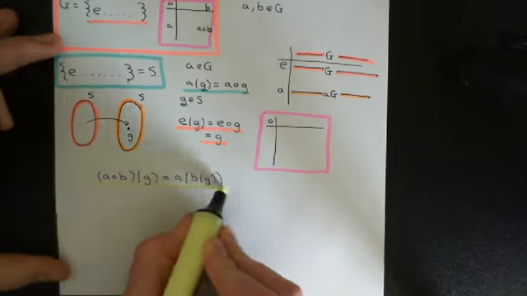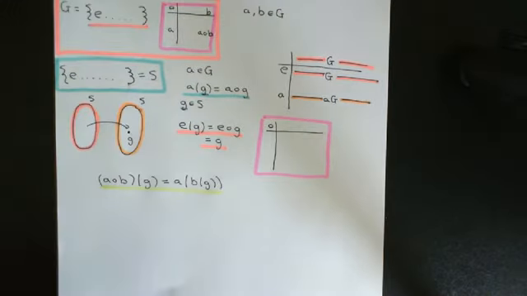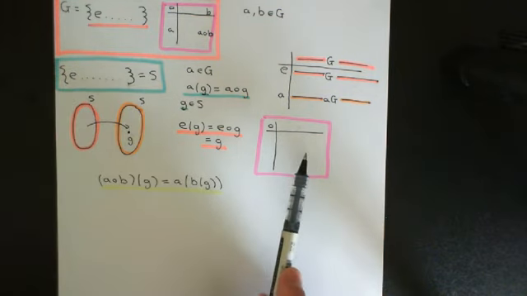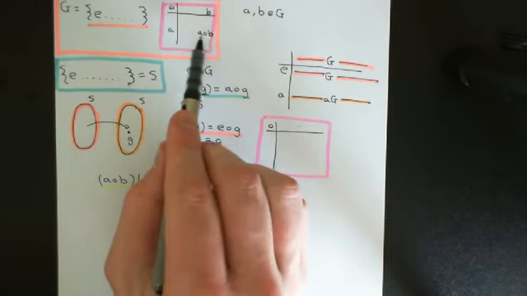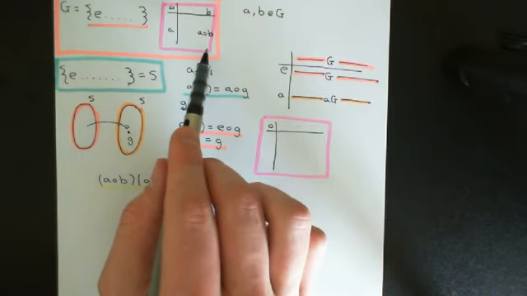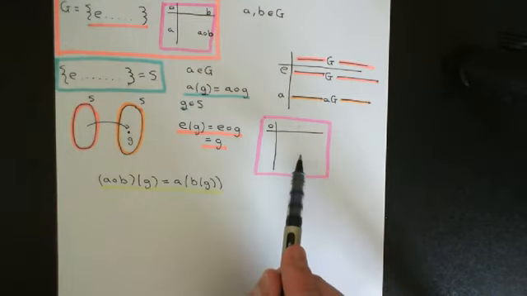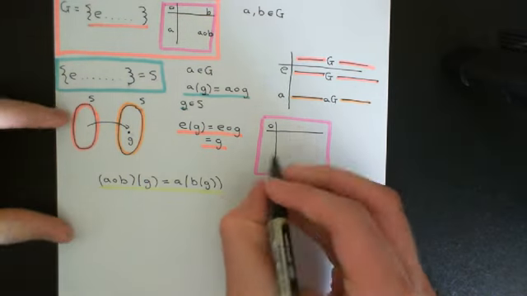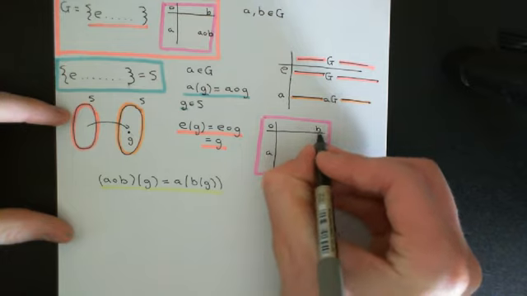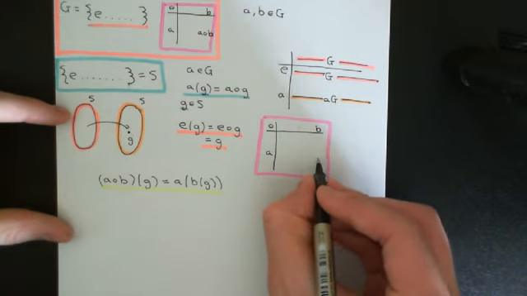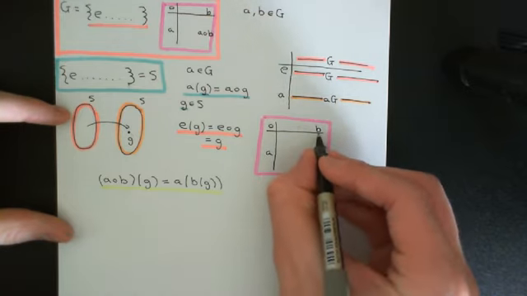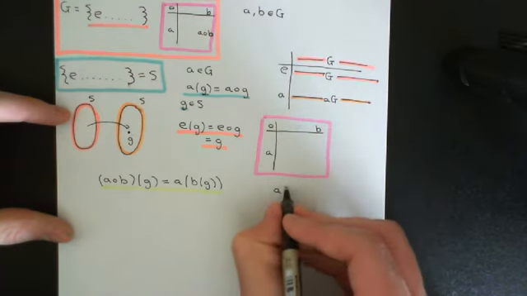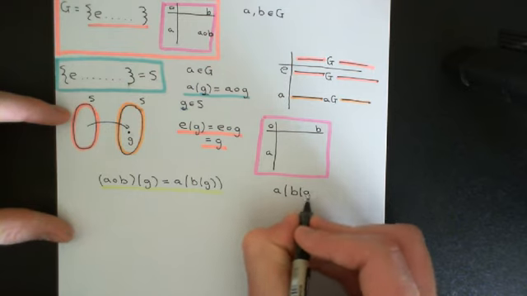Okay, so think what I am trying to prove here. I am trying to prove that these two composition laws are the same. Now, the answer over here is a composed with b. That's the predefined answer. What is the answer over here? Well, if I want to ask what is a composed with b over here, the answer is the set permutation that corresponds to doing b first and then doing a, i.e. it's the set permutation a of b of g.